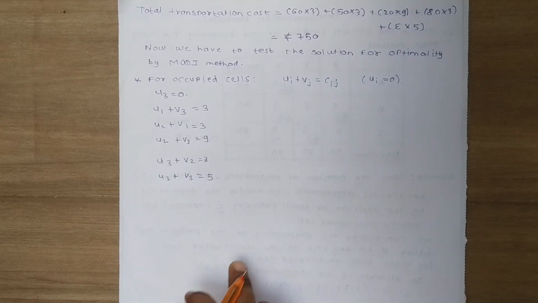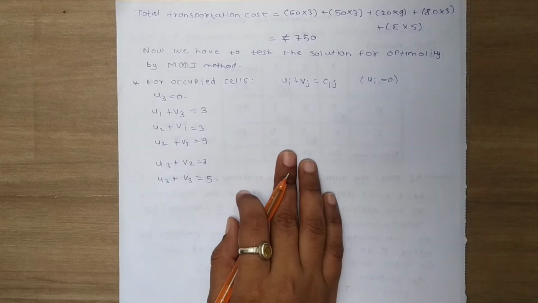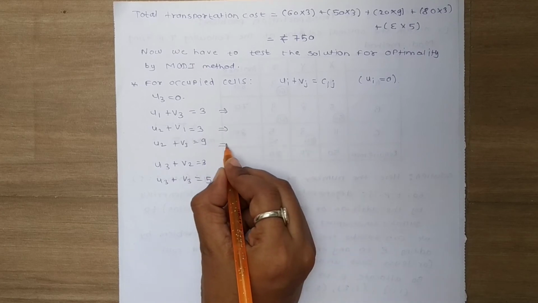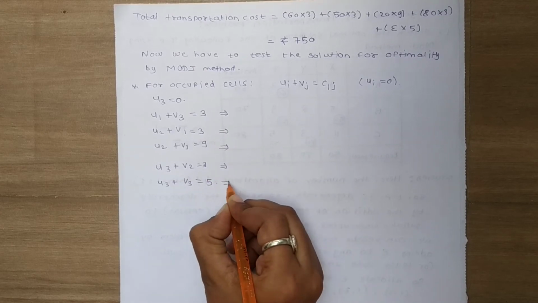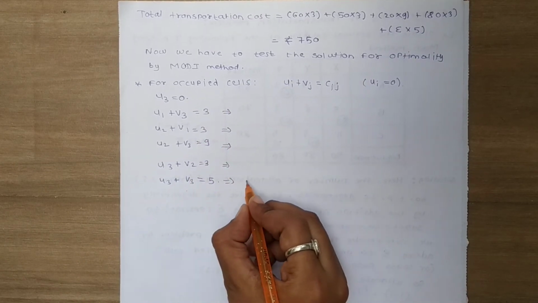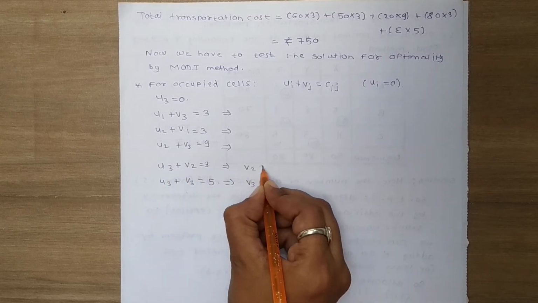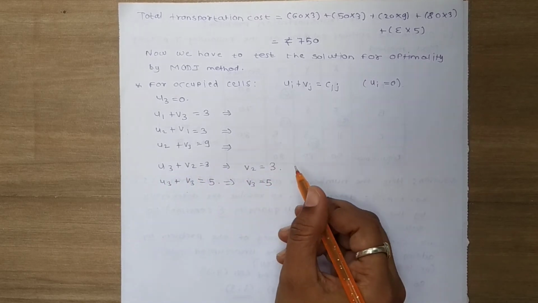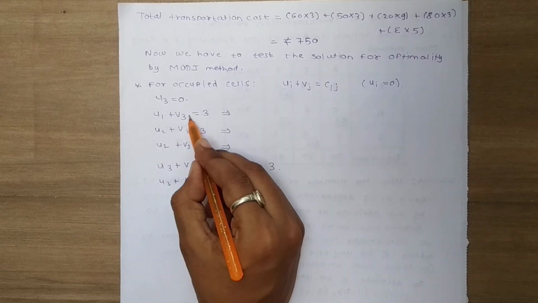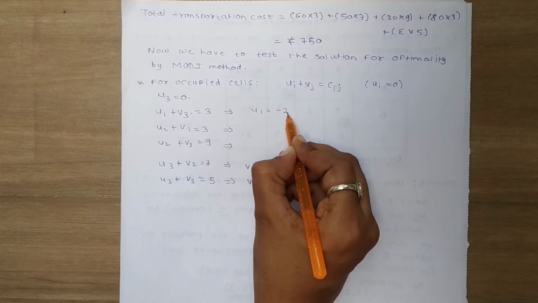I explained this MODI method in the last video. So I take directly here. So here U3 0 implies V3 equals 5. Here V2 equals 3. So here we put V3 equals 5. So we get U1 equals minus 2.